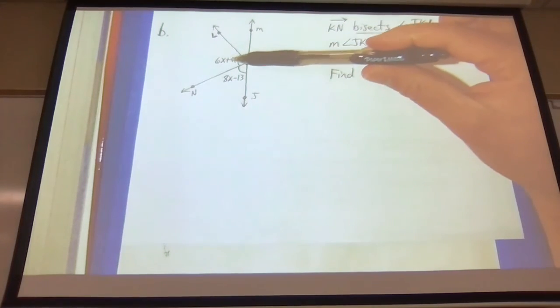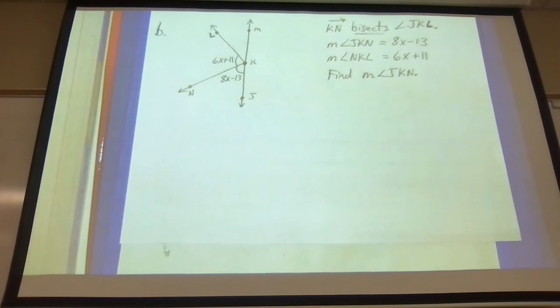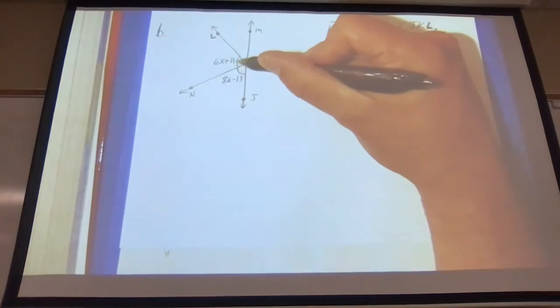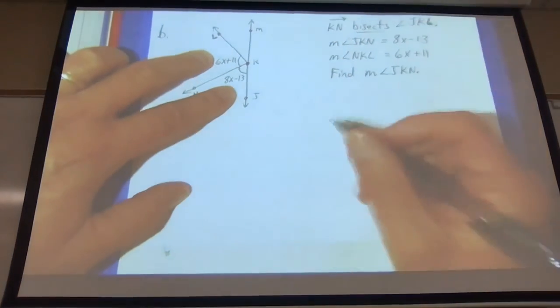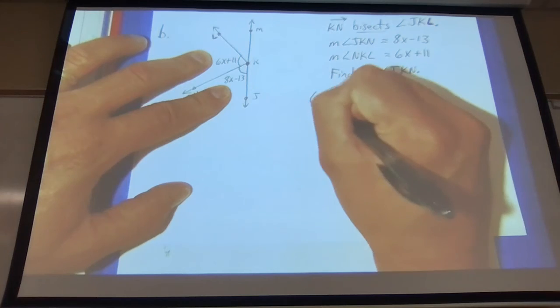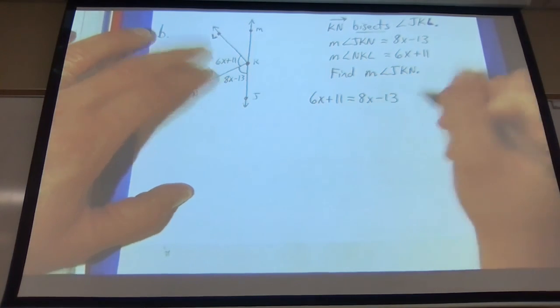And what do we know about those two angles we just wrote in there? The 6x plus 11 and the 8x minus 13. Avery, what do you think? They're congruent. You get the little congruence marks here. That means these are congruent. If those two are congruent, that means they're equal to each other. So 6x plus 11 would equal 8x minus 13.